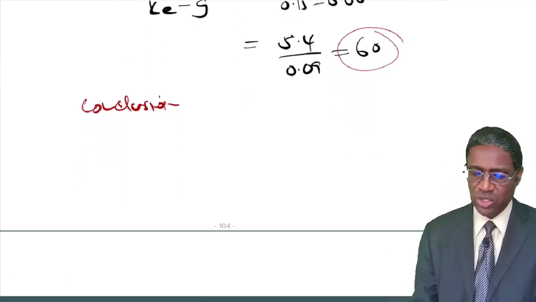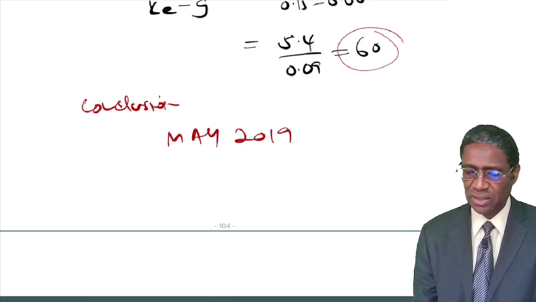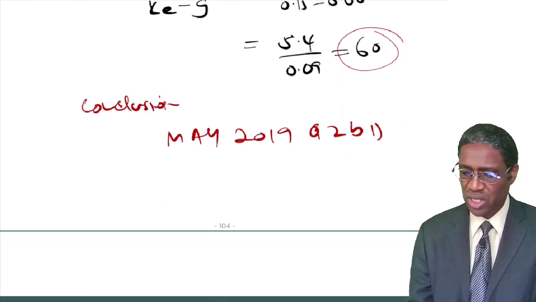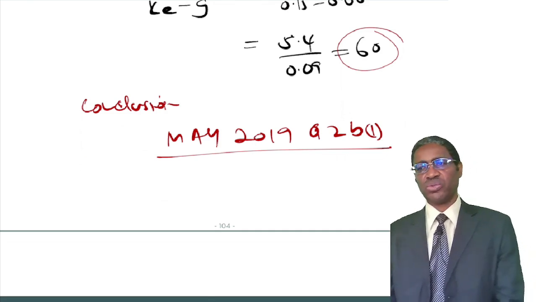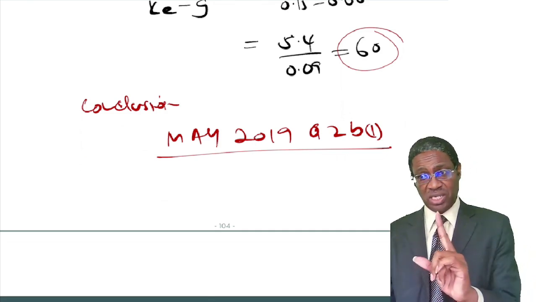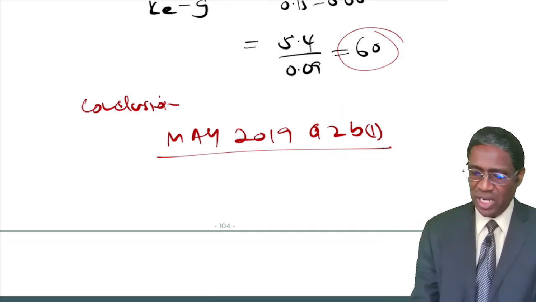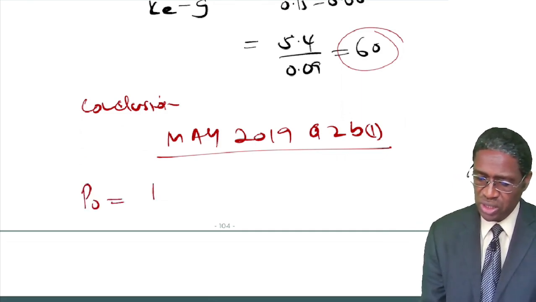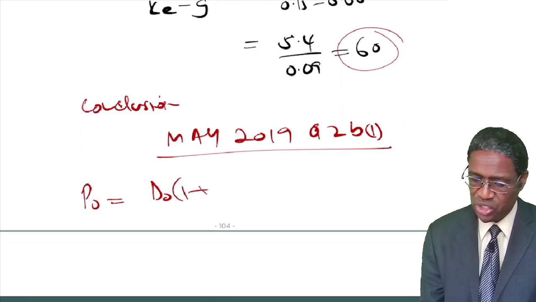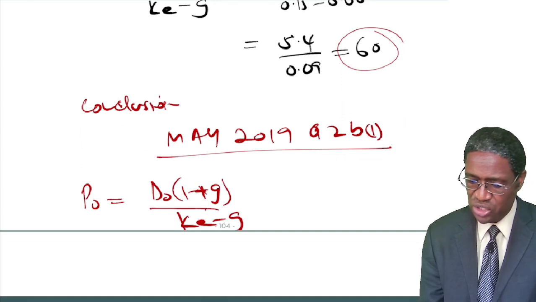I am doing a question of May 2019, question 2, B1. Our formula for getting the P0 is equal to D0 into 1 plus G divided by KE minus G.